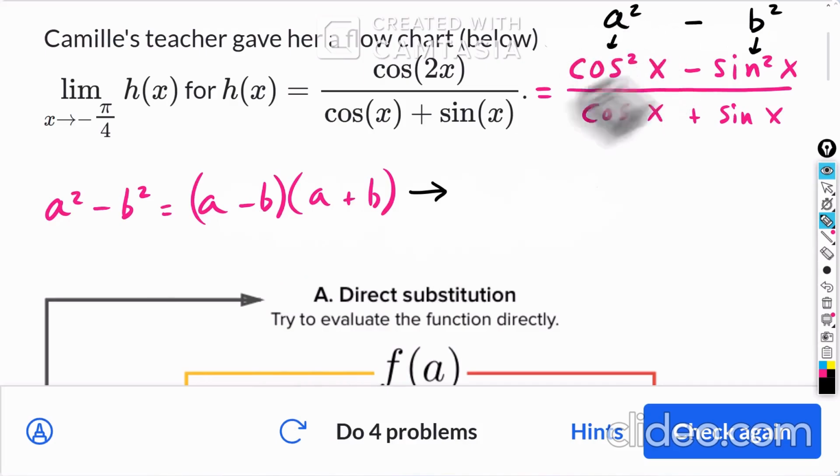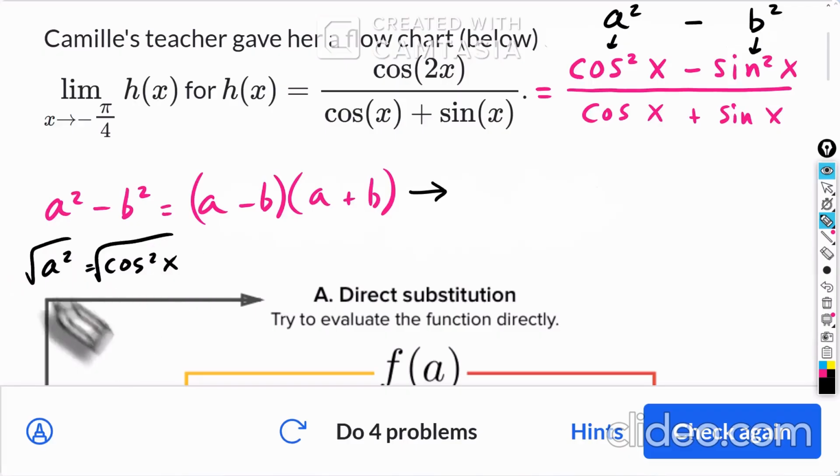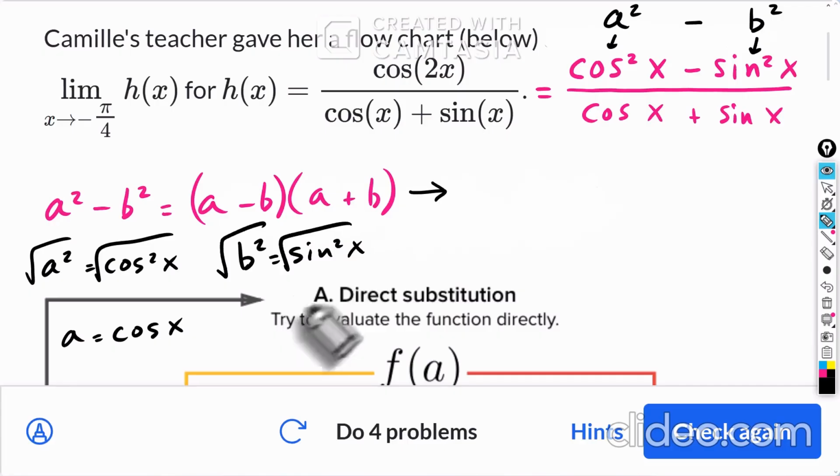If a squared is cosine squared of x, take the square root on both sides, and a is going to be cosine of x. Also, if b squared equals sine squared of x, same thing. Take the square root of both sides, and b is going to be sine of x.